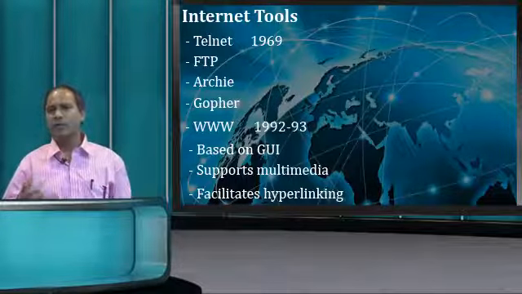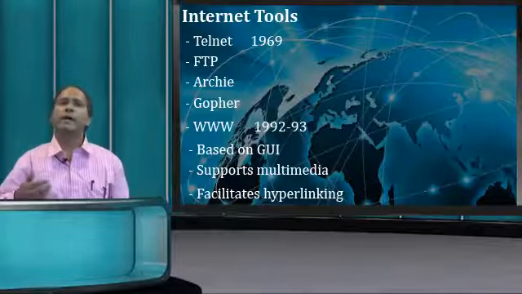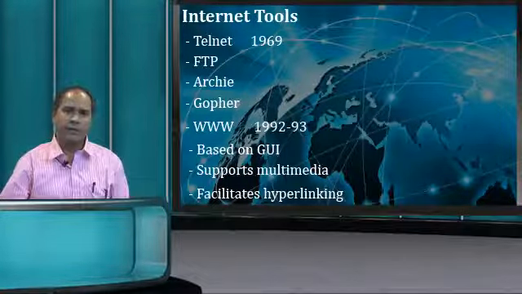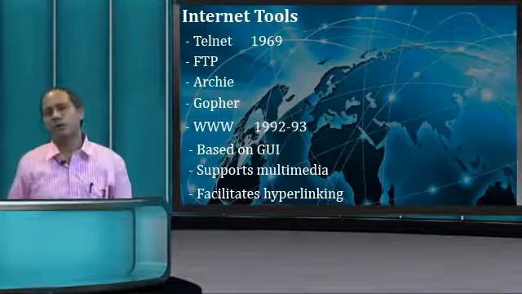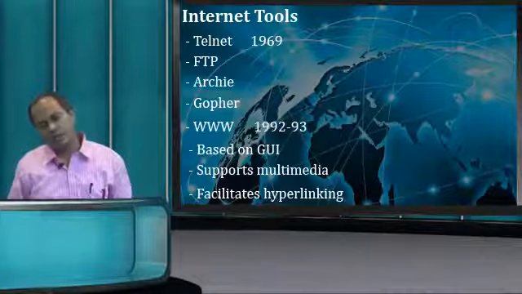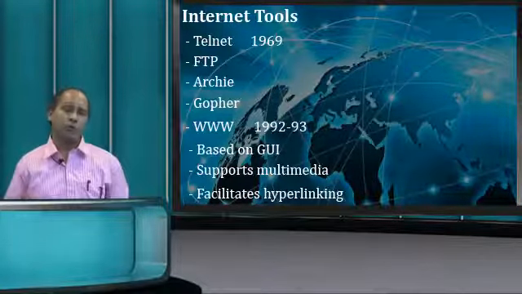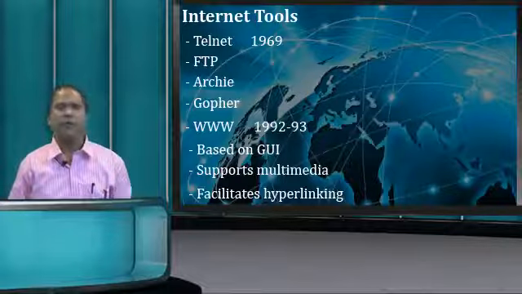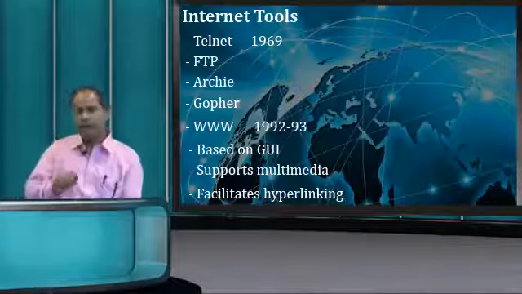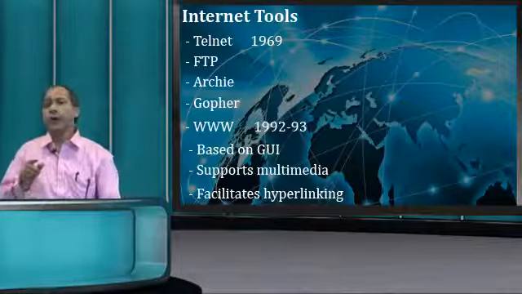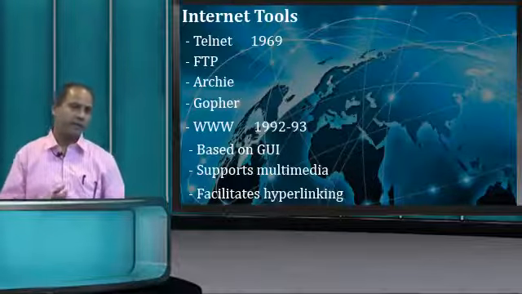So the moment you are searching by a query without giving any kind of special operator or something like that, it retrieves a huge number of records for the searcher, and it becomes very difficult for the searcher to know which one is the most relevant for his or her query. Now, as a librarian, you need to tackle this problem. You need to guide your users in internet searching.